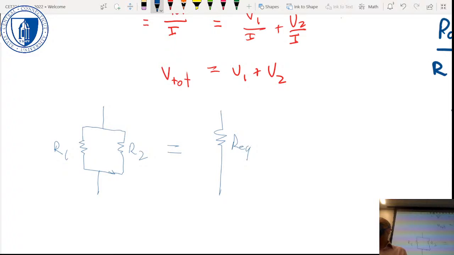So voltage dividers and current dividers are basically related to series and parallel circuits. It's just you're looking at the series circuit slightly differently, and you're looking at the parallel circuit slightly differently.